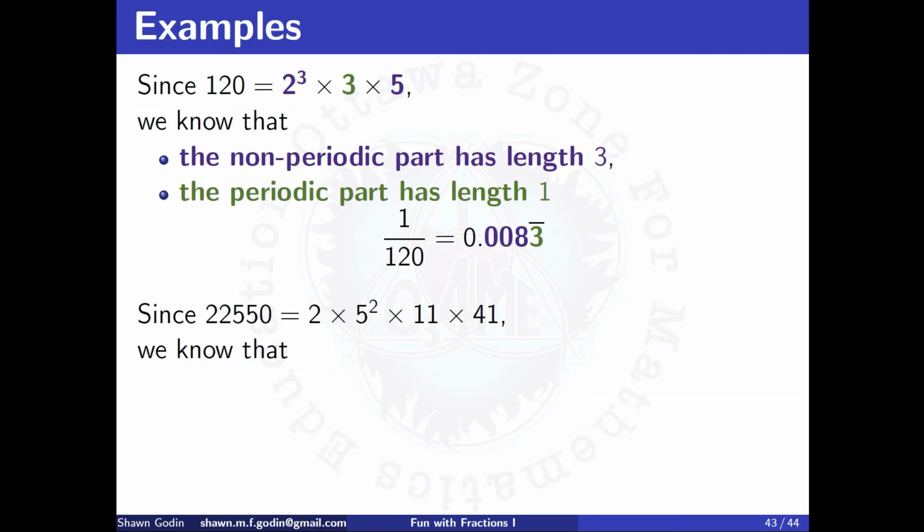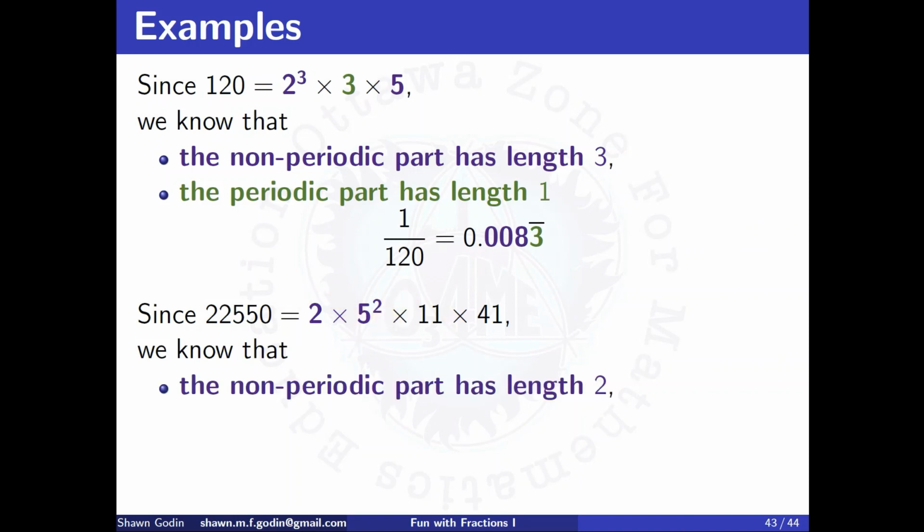Similarly, 22,550 is 2 times 5 squared times 11 times 41. Looking at the 2's and 5's, the highest exponent is 2, which means the non-periodic part is going to be of length 2, because those things go into 100.